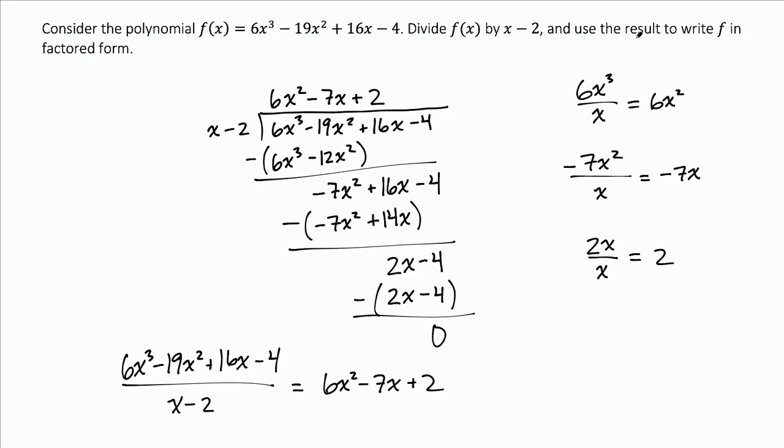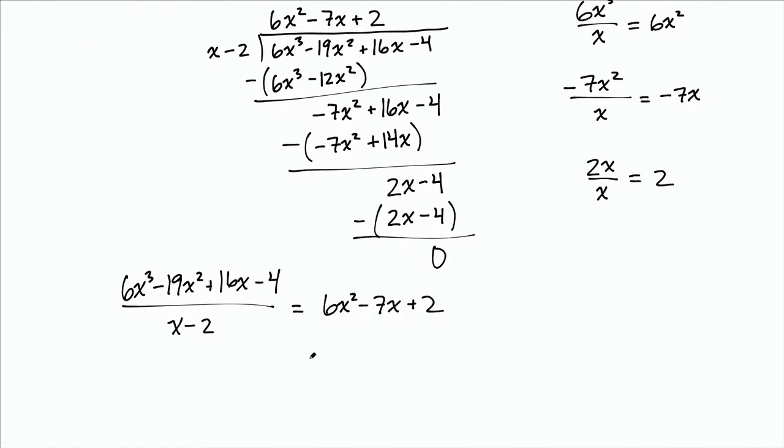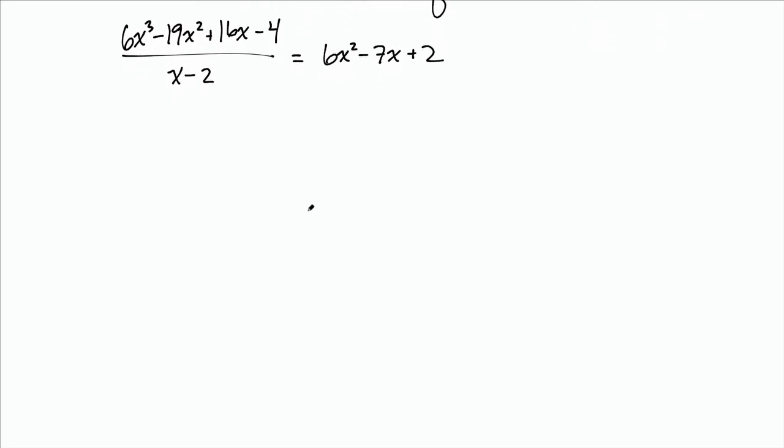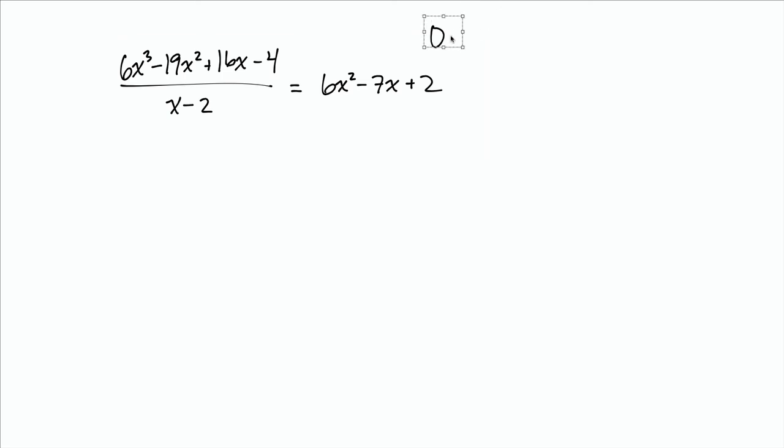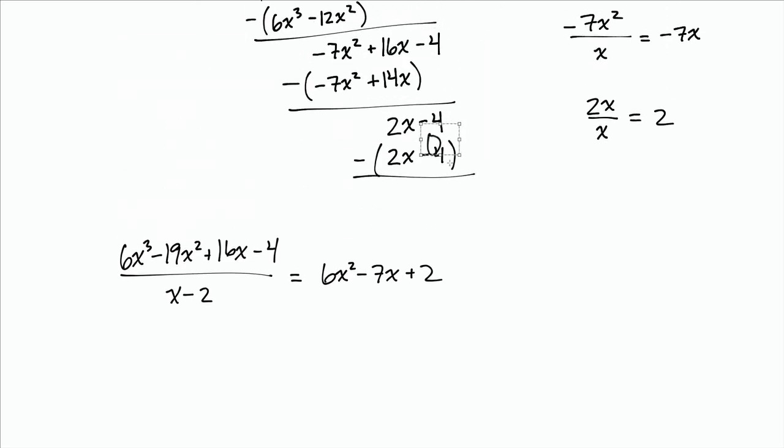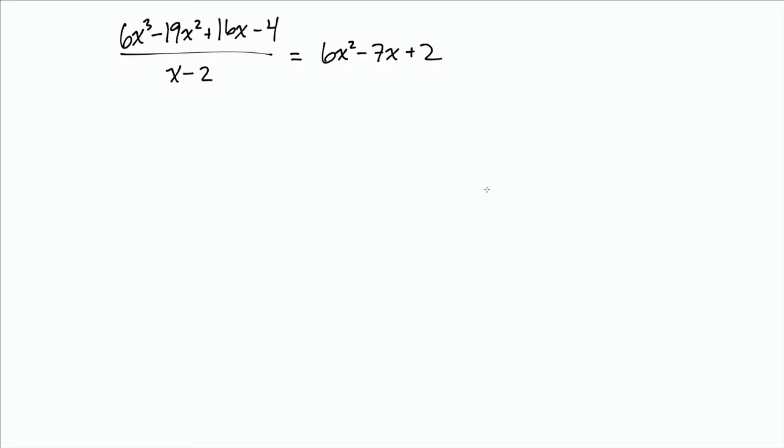Now we want to use this result to write f in factored form. So this polynomial right here, the numerator, we'd like to write in factored form. What we're going to do now is take both sides of this equation and multiply both sides by x minus 2.